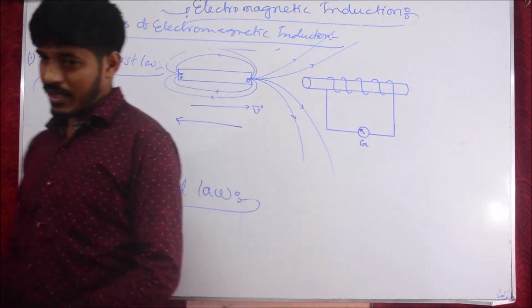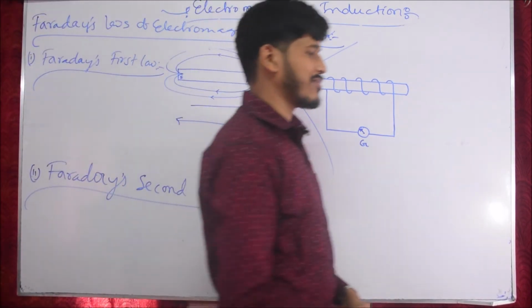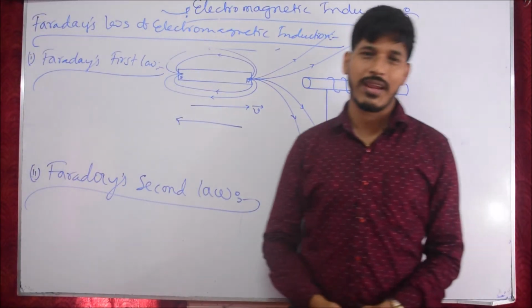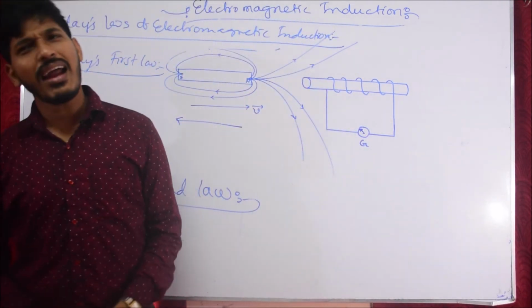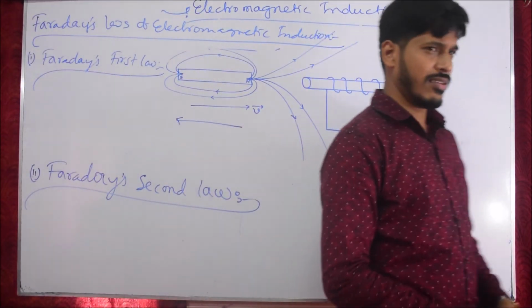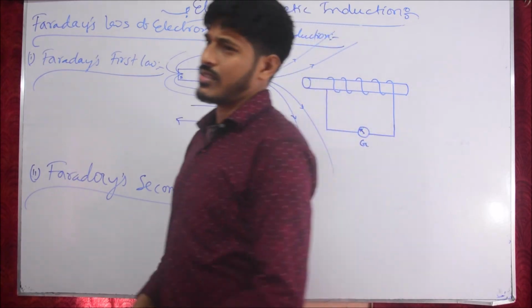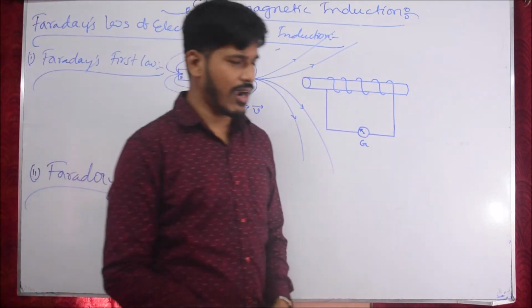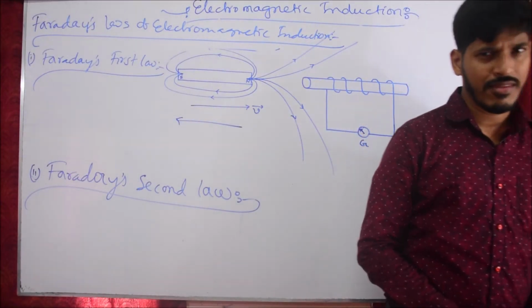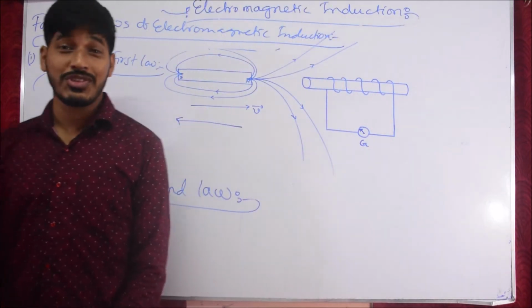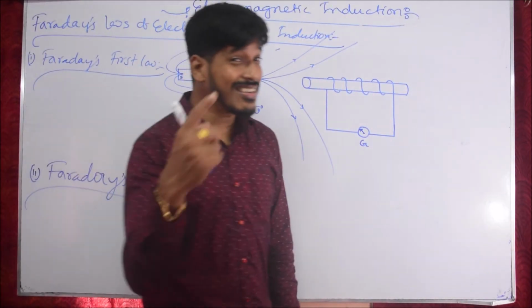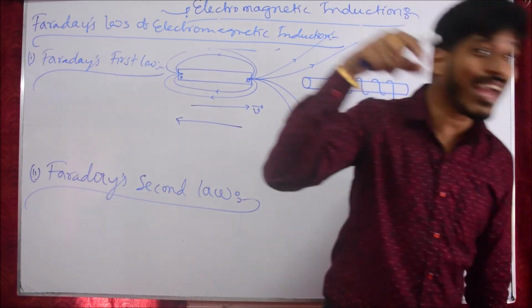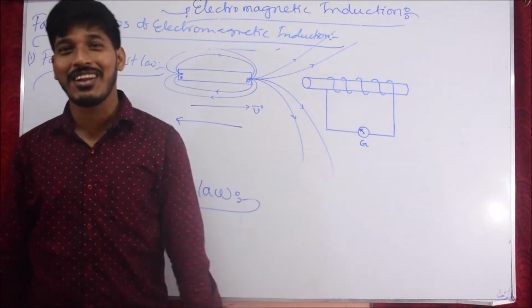I repeat it again. According to Faraday's first law of electromagnetic induction, if there is any change in magnetic flux linking with a conductor or coil, there is a generation of induced EMF, and this induced EMF lasts so long as the changes continues.